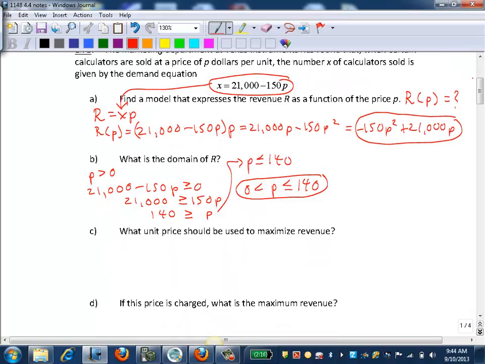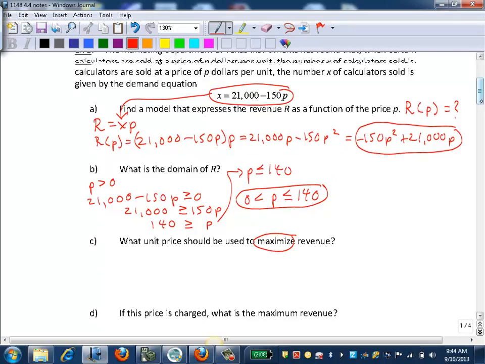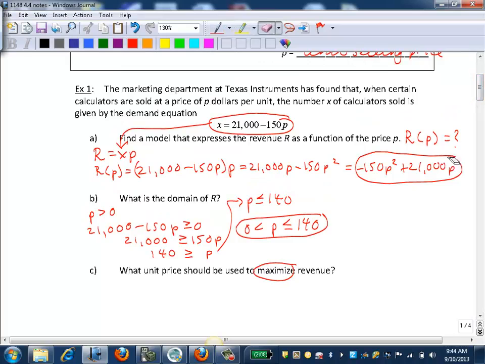Okay, so now we want to know what unit price should be charged. So unit price is P, to maximize revenue. So maximize, that should sound like maximum. And since we're talking about a quadratic function, so our revenue function's quadratic, it's degree 2, p squared. So we know that maximum is going to occur at the vertex. We know that this parabola opens down because it has a negative coefficient of the squared term.